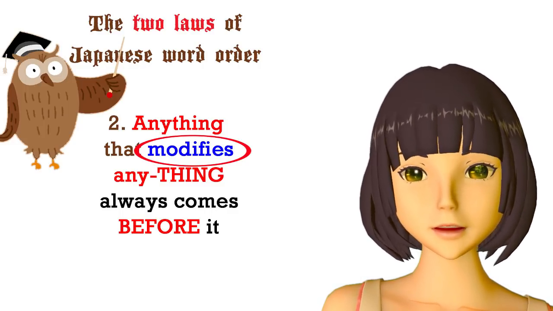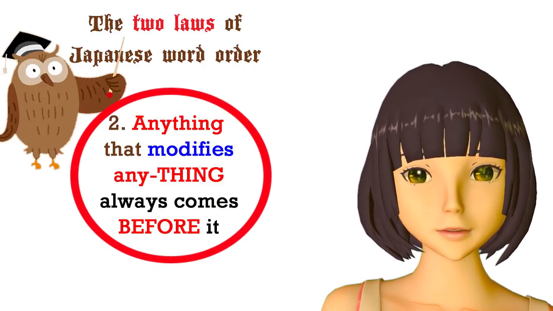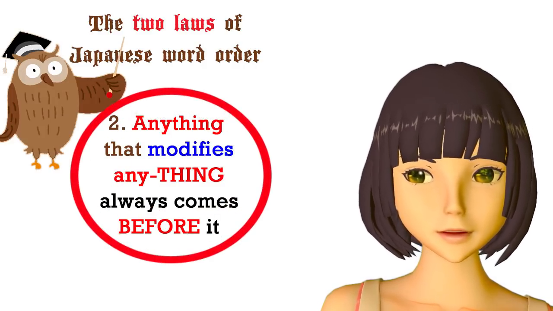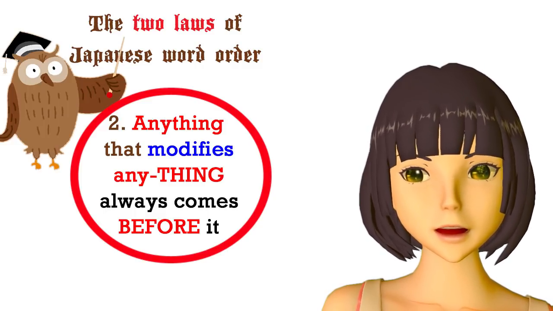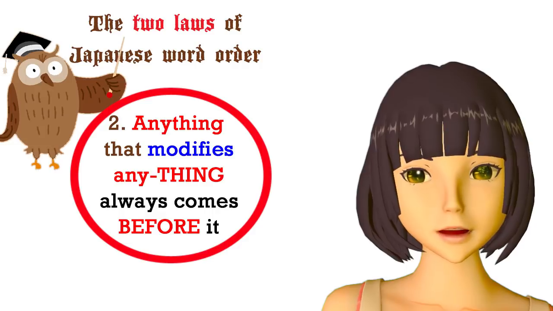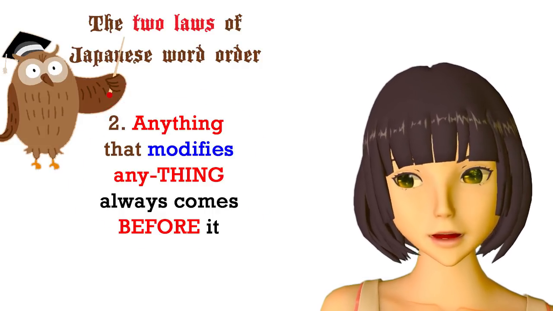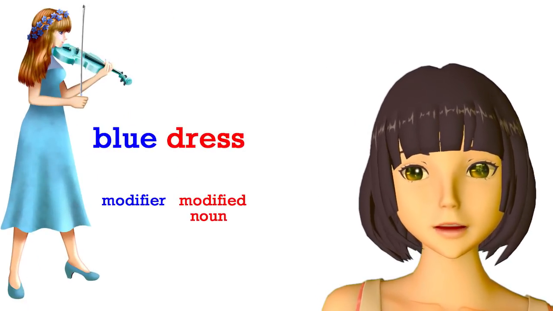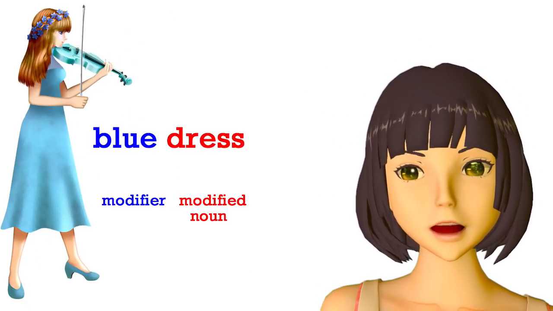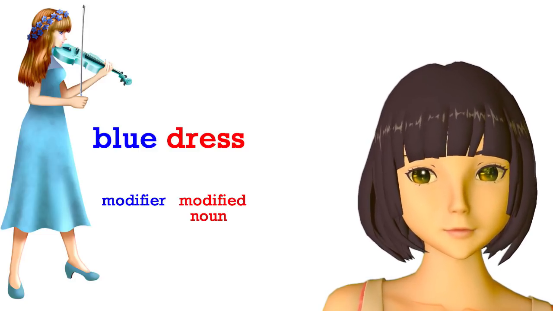So what do I mean by saying that anything that modifies anything must come before it? Well, if we speak English, we should be used to this idea already, because in English, simple modifiers always come before the noun they modify. So, as we've just seen, if we say a blue dress, blue comes before the modified noun dress, the noun that we've just turned blue.